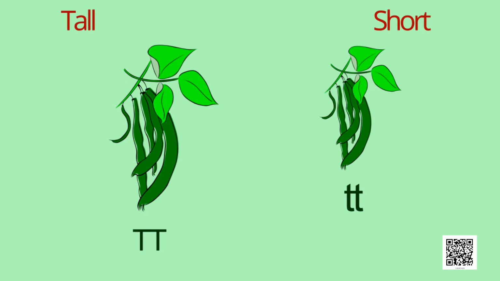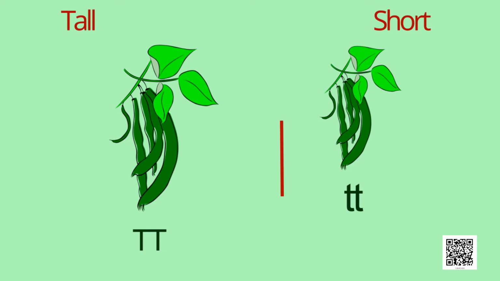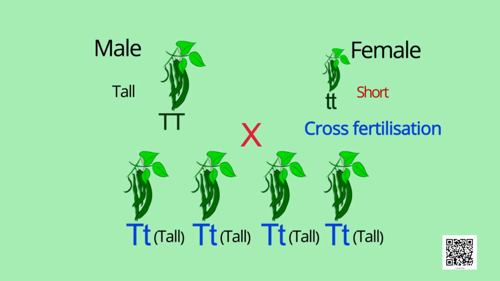Both the genes for height in tall pea plants are for tallness and are represented as capital TT, while both the genes in short pea plants are for shortness and are represented by small tt. But on crossbreeding these two types of plants, all tall plants were obtained.